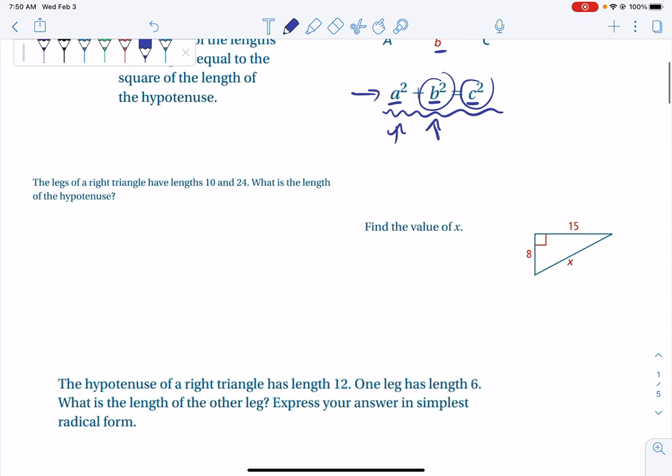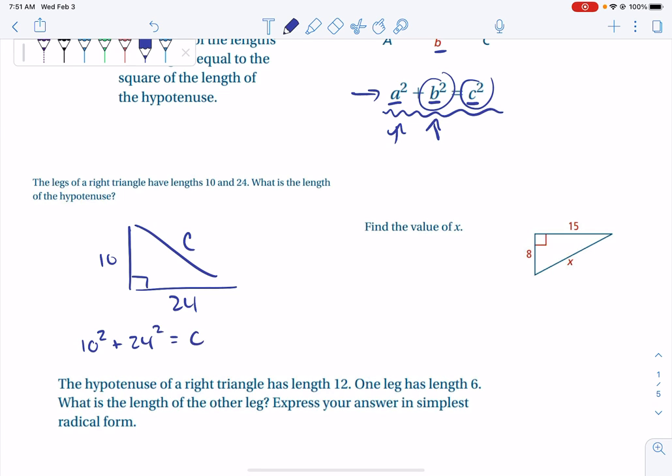So let's do a couple of these, let you see some examples to remind you how it works. So the first one says that a right triangle has legs of length 10 and 24. What that means when it says legs, it does not mean the hypotenuse. It means these two are 10 and 24. What is the length of the hypotenuse? Well, my formula tells me that 10 squared plus 24 squared is equal to c squared.